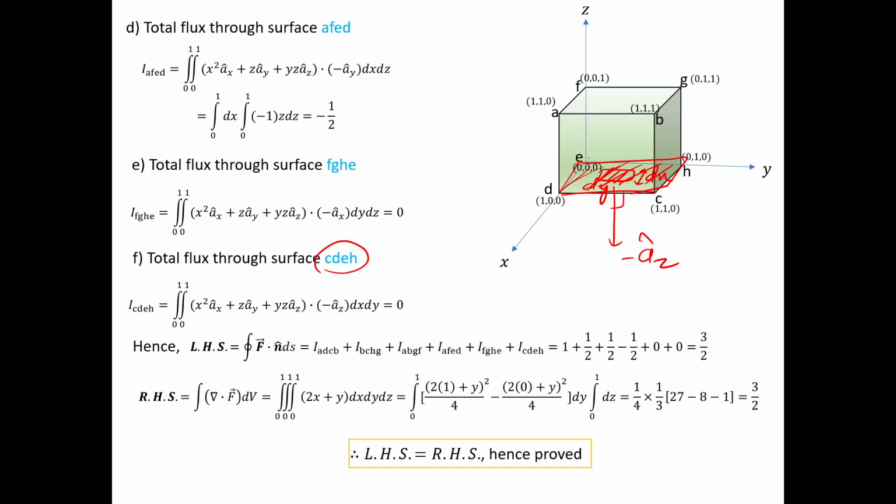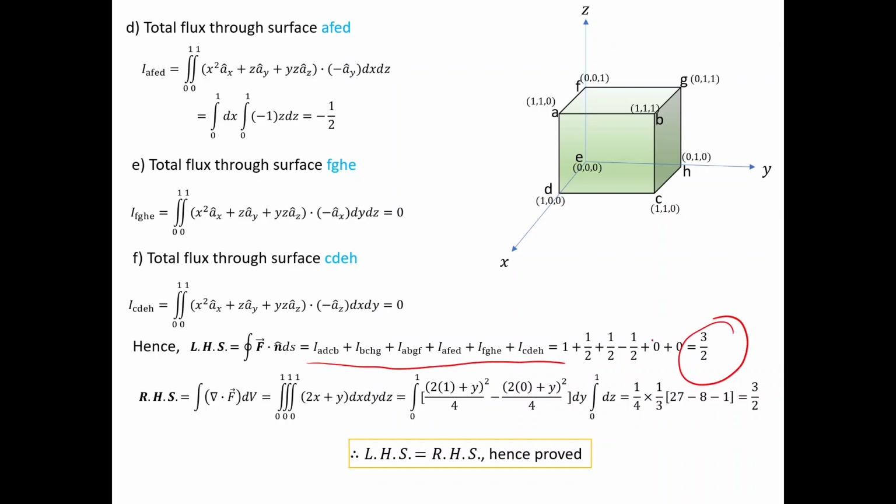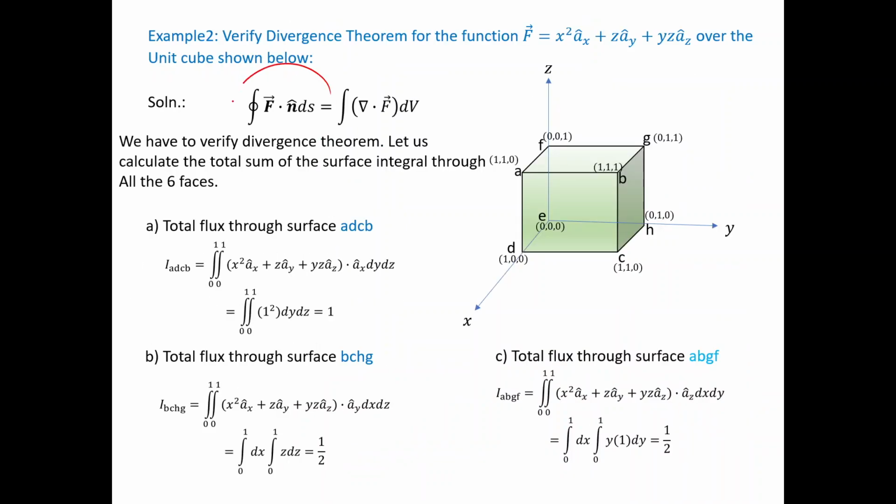This is in the xy plane, so in the xy plane the value of z is 0. That is why az taken dot with az, its value will be 0 overall. Combining the flux through all the faces, we obtain an answer 3 by 2. We have obtained the LHS.